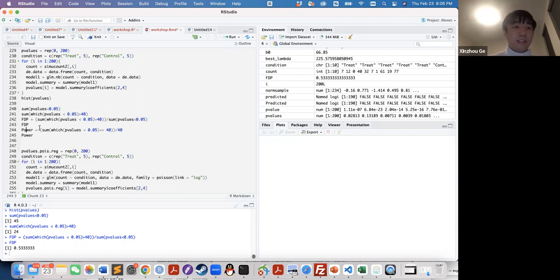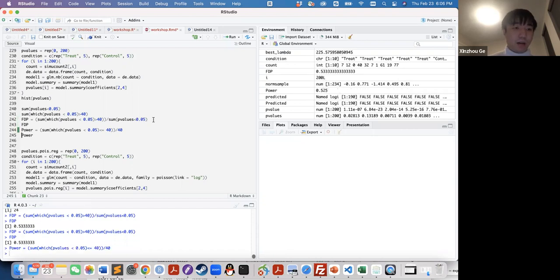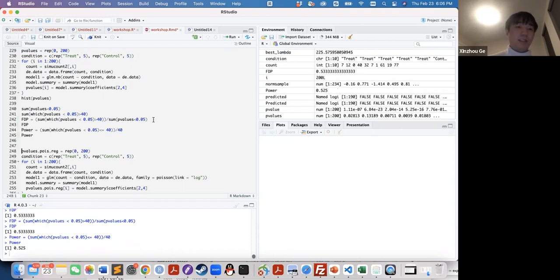Okay, so this is the definition of FDP and the definition for power, and we can calculate these two quantities. So the FDP is 0.5 and power is 0.5. So we don't have a very large power and we don't have a very small FDP for this case.